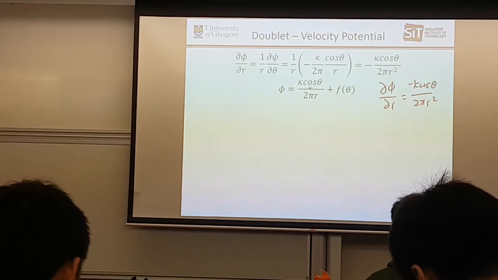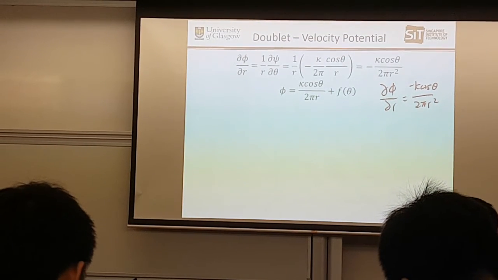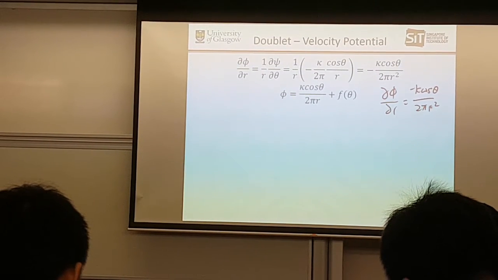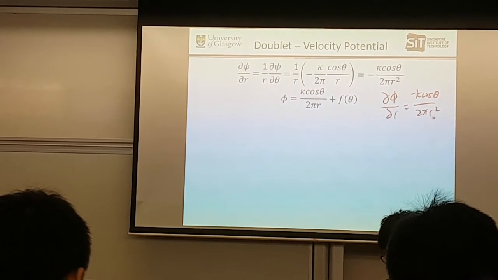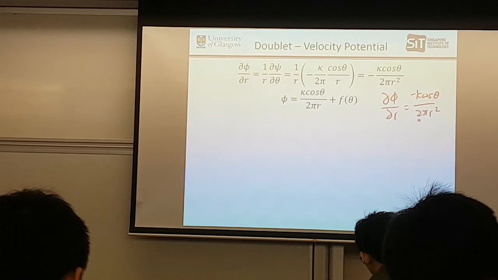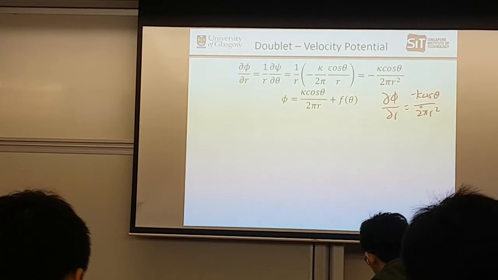That's why my cos theta stays the same. But here is a minus 2, because it's r to the minus 2. If I integrate, I get r to the minus 1 over minus 1, so the minus sign will cancel out. That's why you have a positive here, and you have a 2 pi r here. Is anybody lost here? I hope not.